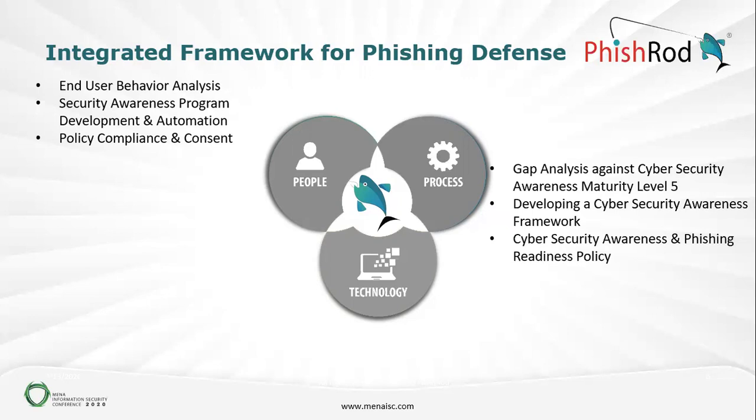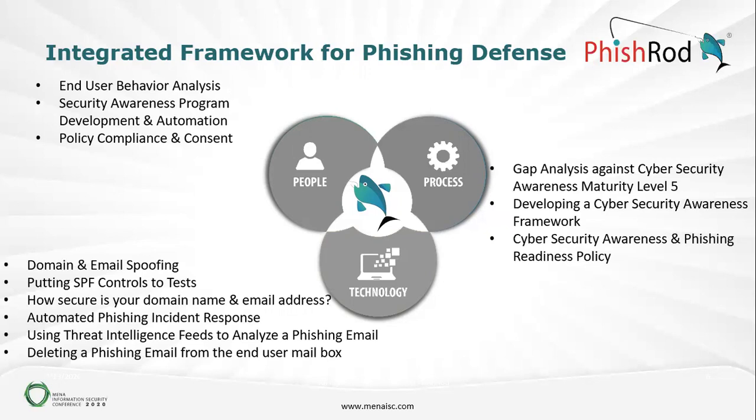And then how you can develop your own security awareness framework. And then should your organization need a cybersecurity awareness and a phishing readiness policy? Once that is all discussed as part of the framework, we will also discuss, and there are some exercises that I will cover, what you need to do in order to continuously test that.